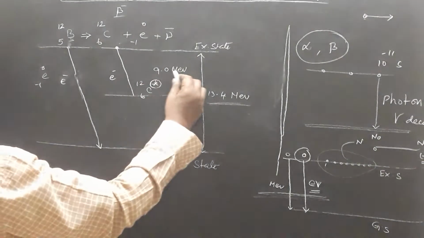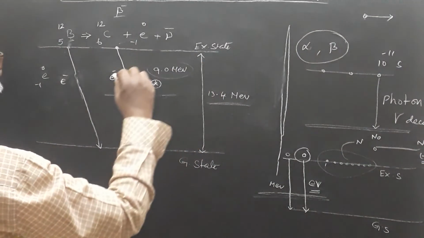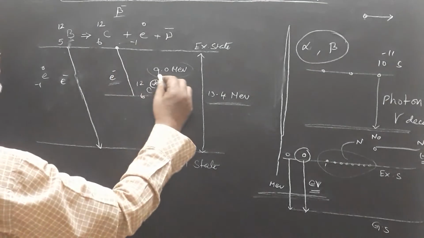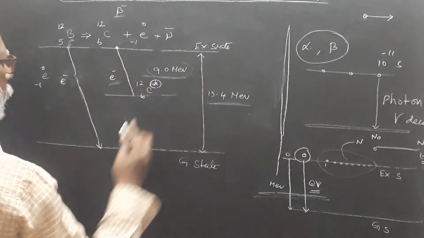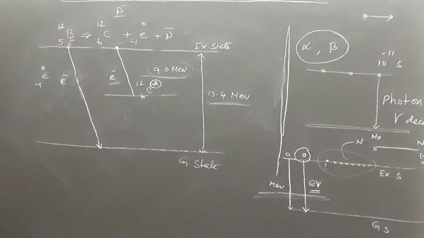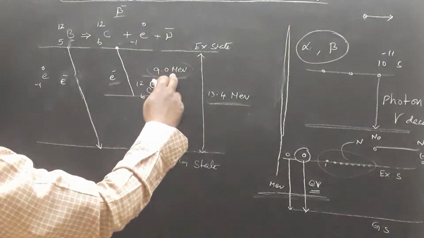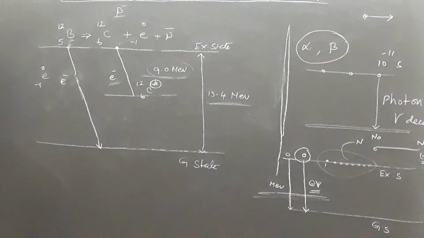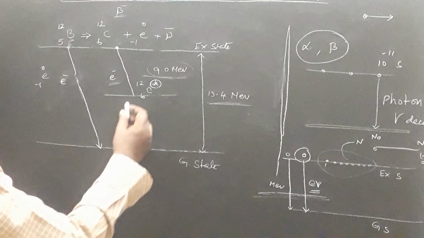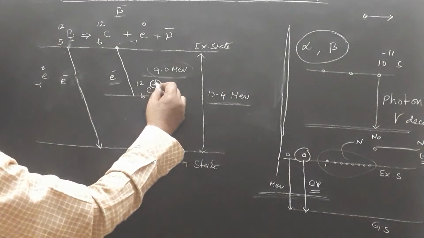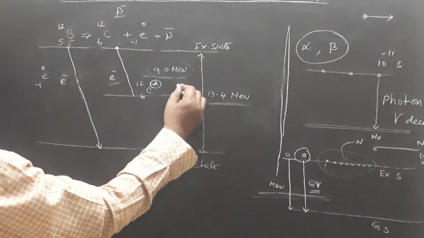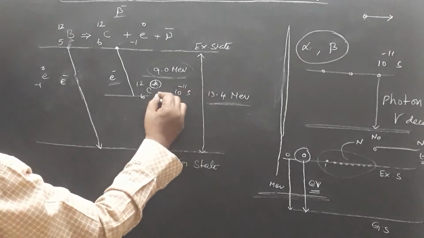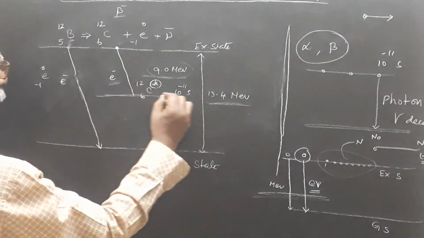So, it emits the electron along with radiation of 9.0 million electron volt. Okay, what happens next? The carbon isotope, for 10 power minus 11 second, may stay in the intermediate state.